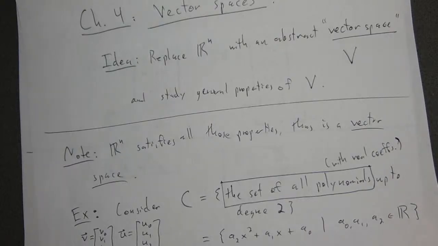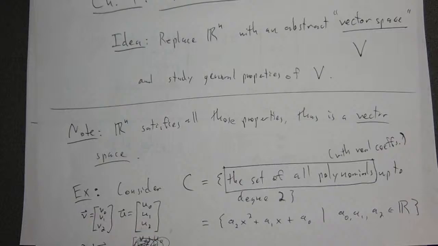Infinitely many, arbitrarily many slots. And yet, that would still be a vector space. Using all of the properties that we're going to discuss in chapter 4, we could say things about that vector space, whereas it is going to behave differently from how R^n behaves.